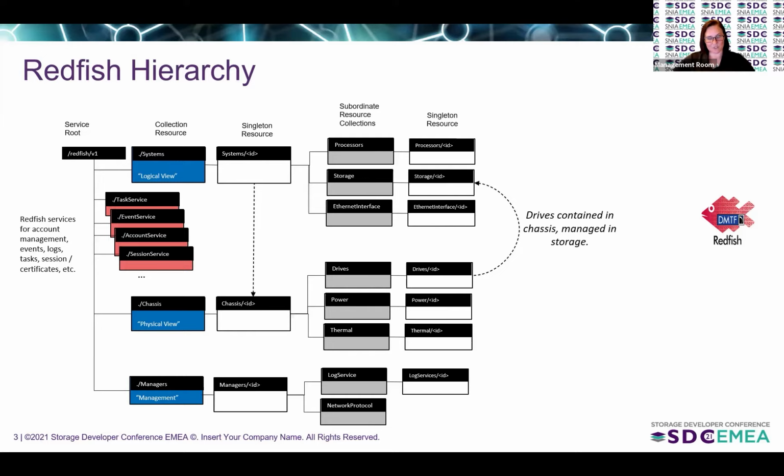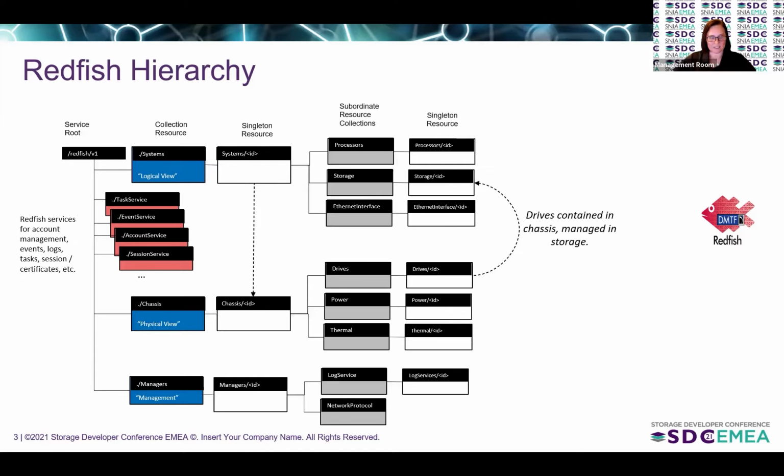Under there, you will see representations of power, thermal. You'll also see objects that are included in the chassis hierarchy and that you would expect to see modeled and represented in a physical environment.